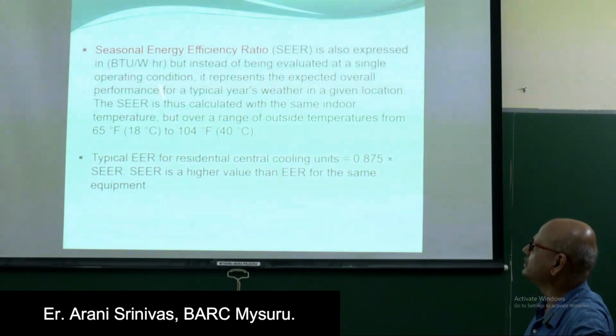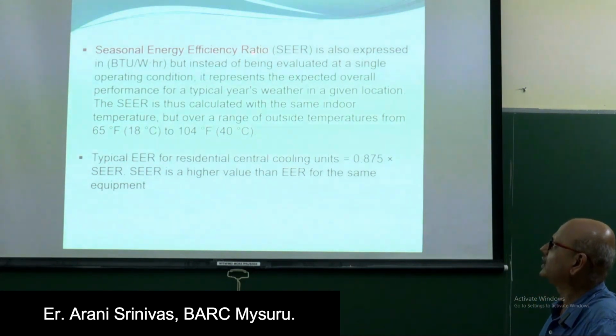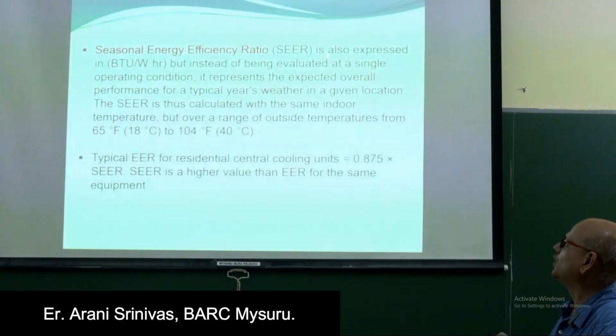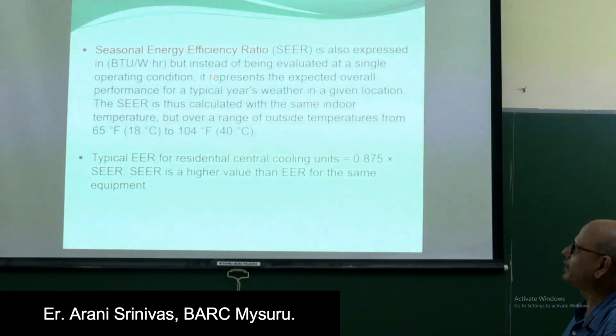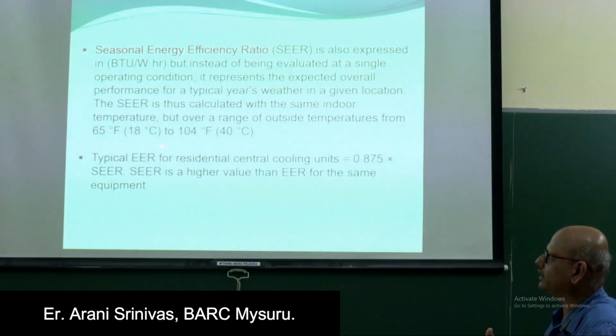Seasonal one is in seasonal. Nowadays we go for it, because each season ACs will have different power consumptions. So we go for the seasonal energy efficiency ratio, also expressed in BTU per watt per hour, but instead of being evaluated at a single operating condition, it represents the expected overall performance for the typical year's weather in a given location. The SEER is thus calculated with the same indoor temperature but over a range of outside temperatures from 18 degrees, because in winter it goes to 18 degrees centigrade, in summer it goes to 14 degrees centigrade.